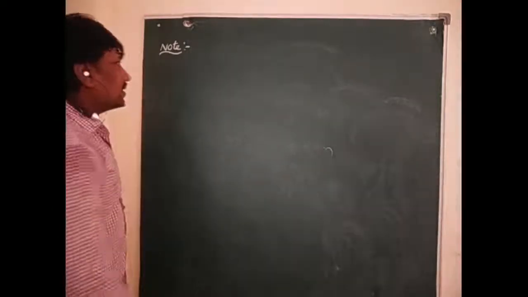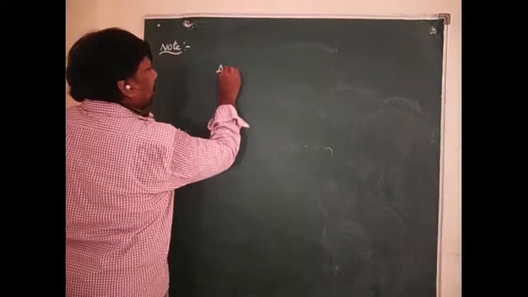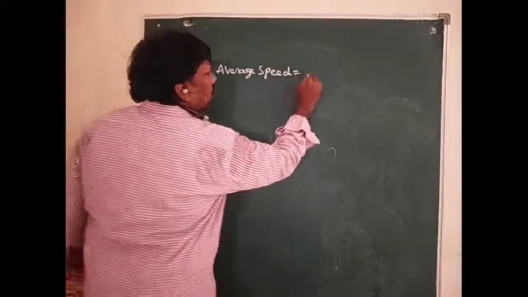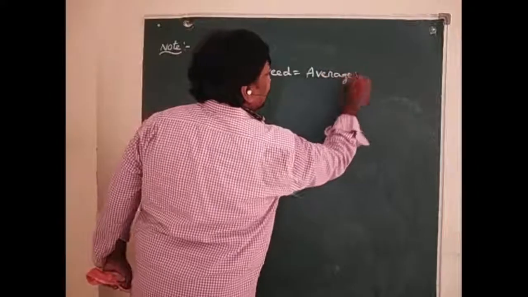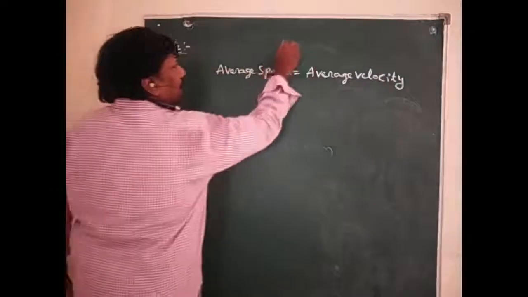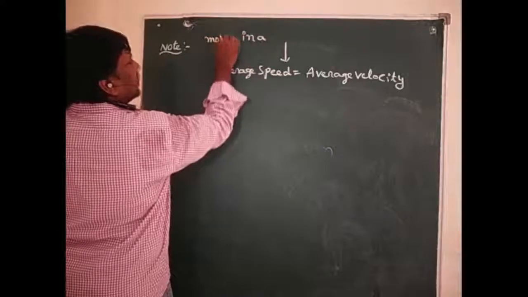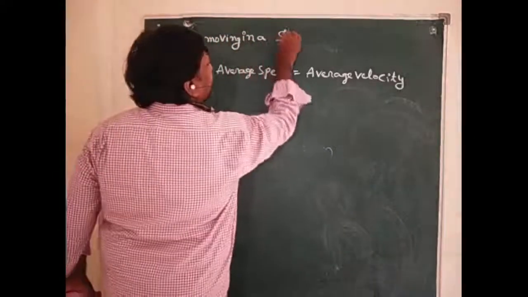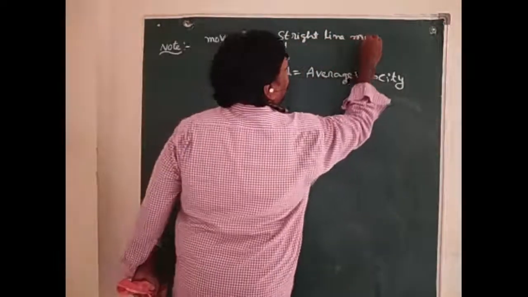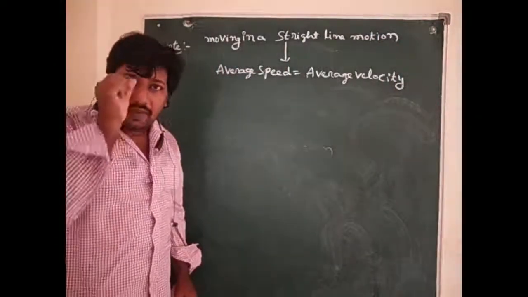So in the same case, when a particle is moving in a straight line motion, average speed is equal to average velocity.